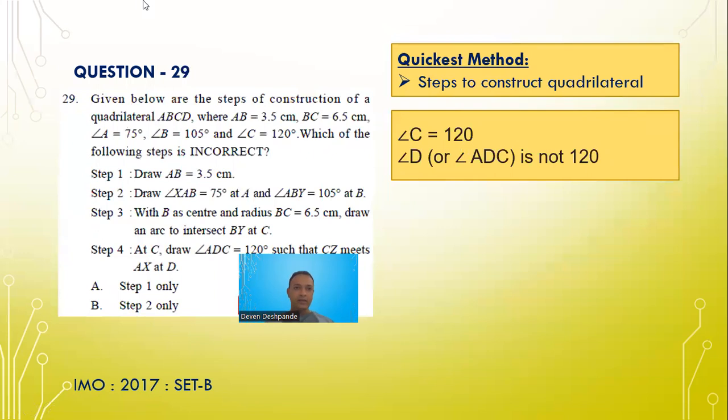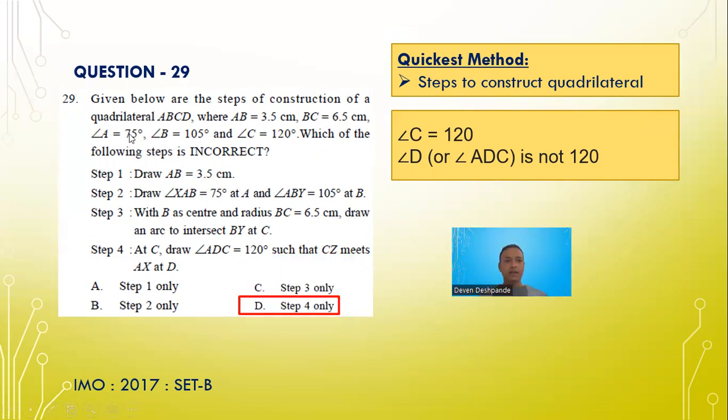Okay, next one. Given below are the steps of construction of a quadrilateral ABCD, where AB is 3.5, BC is 6.5, angle A is 75, angle B is 105 degrees, and angle C is 120 degrees. Which of the following steps is incorrect? AB is 3.5, which is fine.